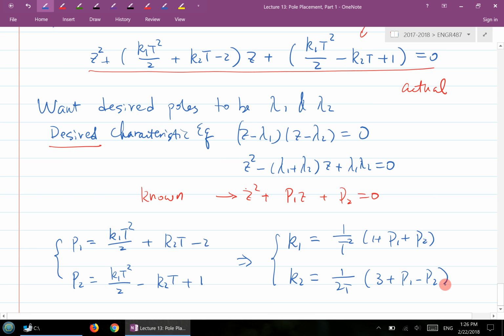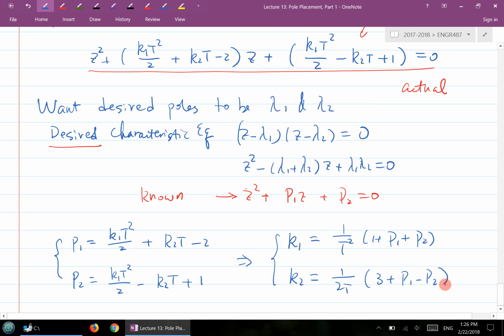So that is a very manual process to derive the gains K1, K2 based on certain desired characteristic equation or based on certain desired pole locations, right?